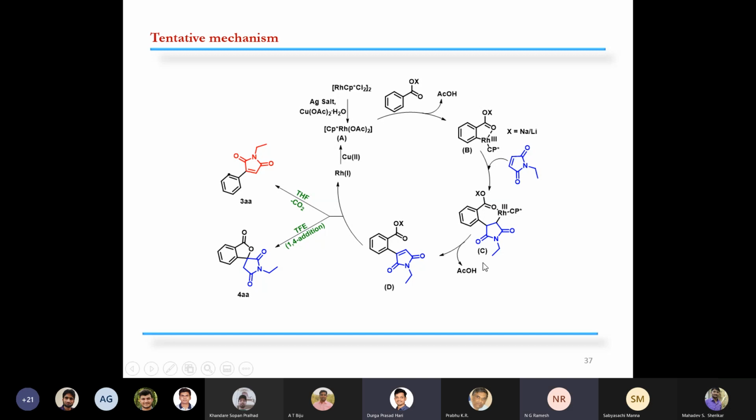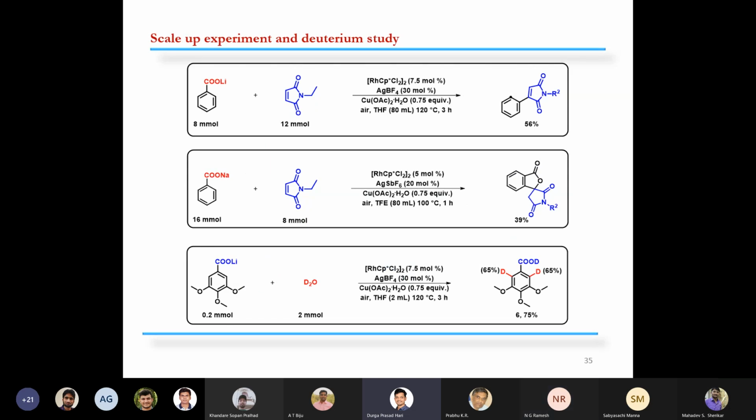Okay. Another question is, you propose E2 elimination. Yes, sir. Have you thought about doing a kinetic isotope experiment there, by putting deuterium and seeing if there is any effect on the maleimide? On the maleimide, we have not done, sir.